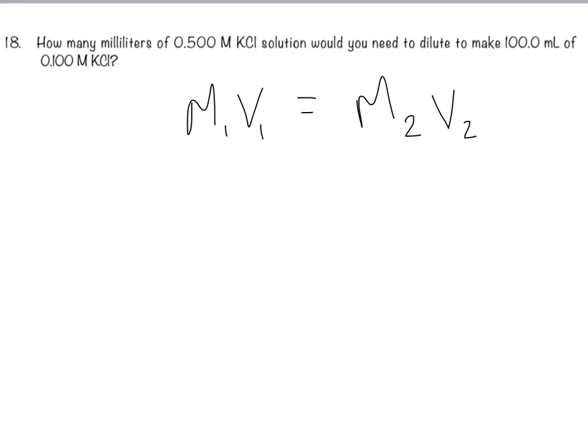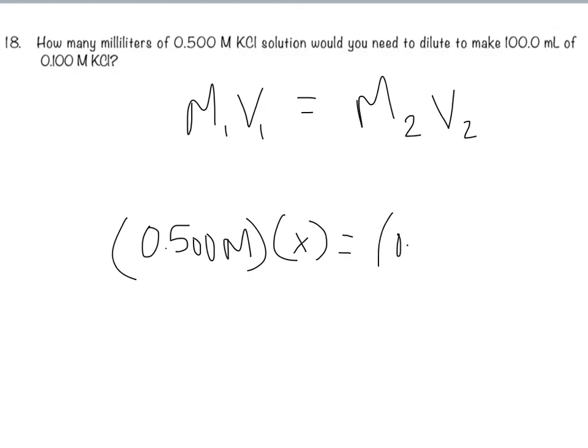All right, so let's say I want to put 0.500 molar for the initial molarity, and I don't know what the volume is, but I know that the final molarity is 0.100 molar, and the final volume is 100 milliliters. How do I solve for x?